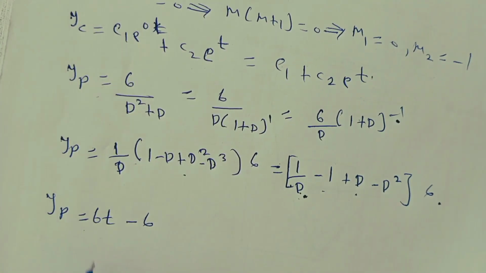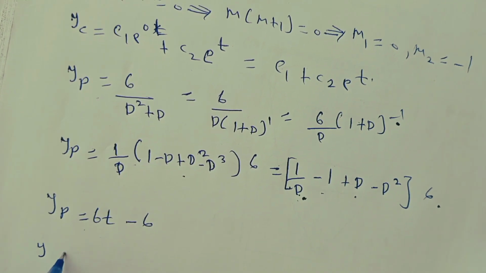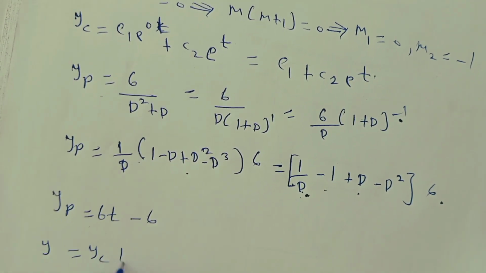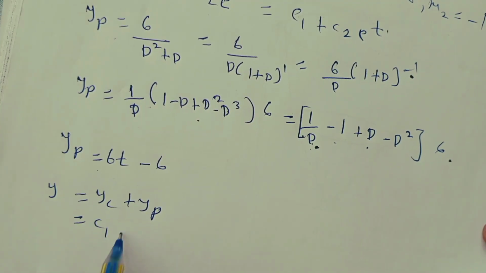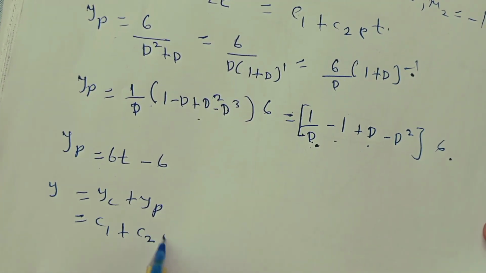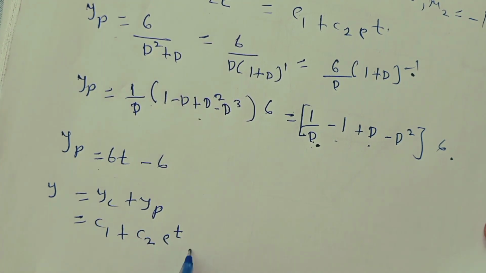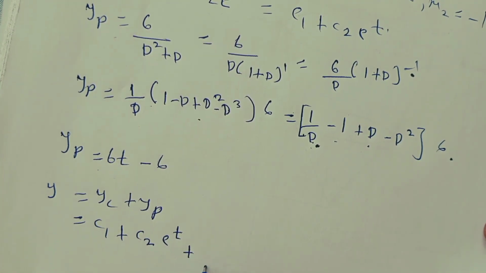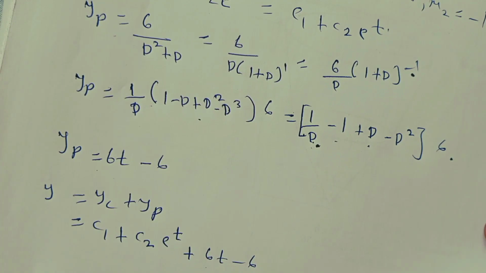Then our y solution will be given by y complementary plus y particular, which is equal to c1 plus c2 exponential minus t plus 6t minus 6.